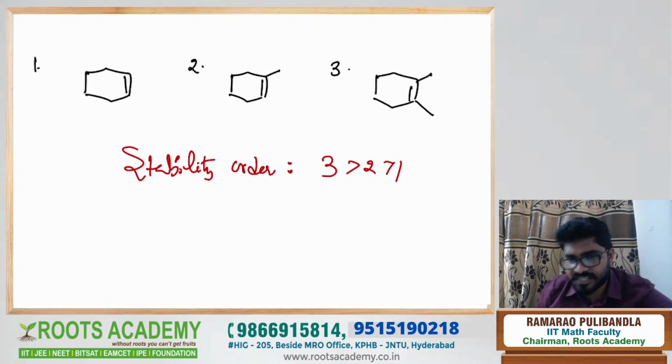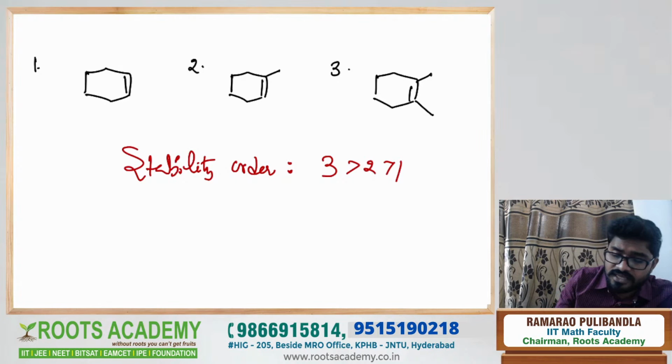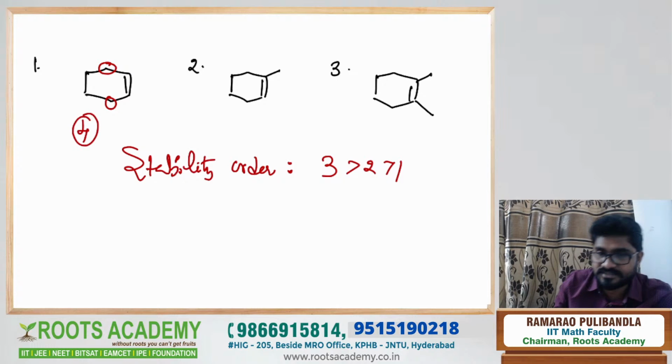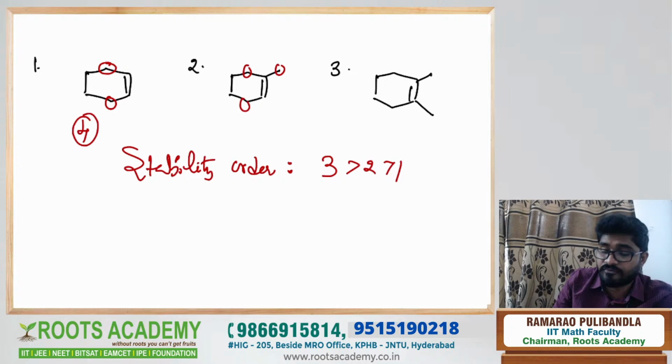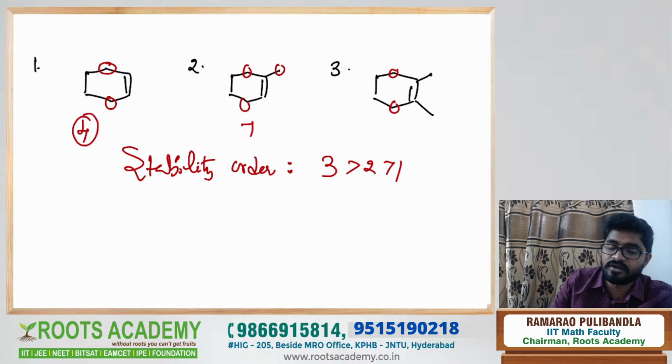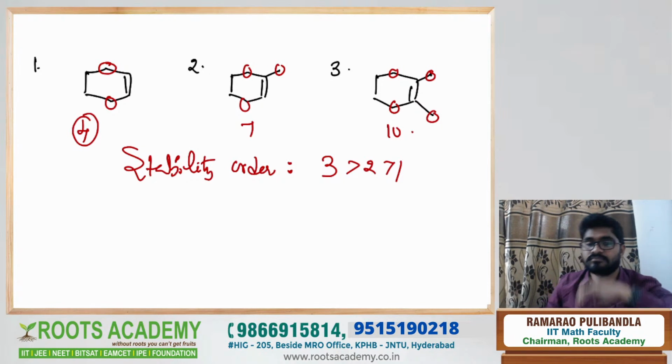No, Manjari, for the first one, try. See, this is the double bond. This is alpha carbon, this is alpha carbon. There are CH2, CH2, so 4 are possible for this. Now alpha, 4 plus 3, 7 are possible for this. Alpha, 4, 7, 10. So 10 are possible for this.